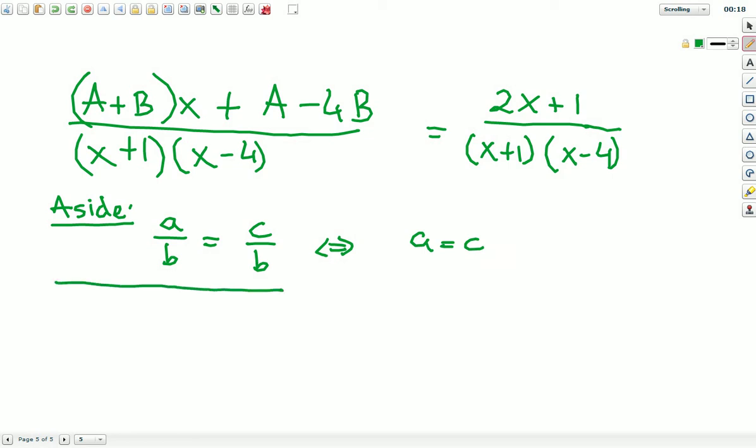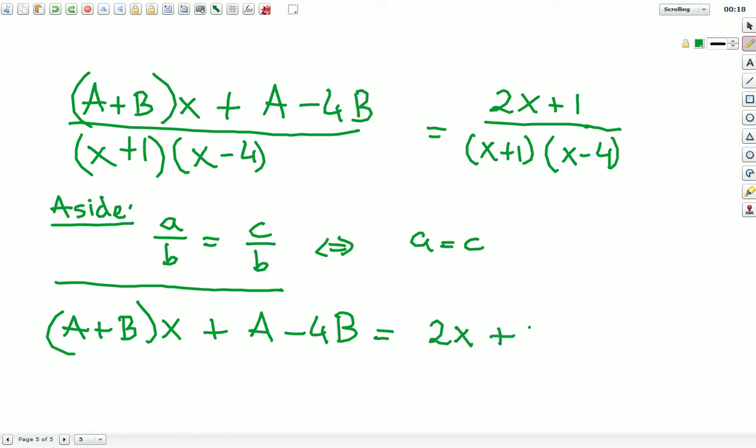So we are back now to the problem. I want (a plus b) x plus a minus 4b to actually equal 2x plus 1.